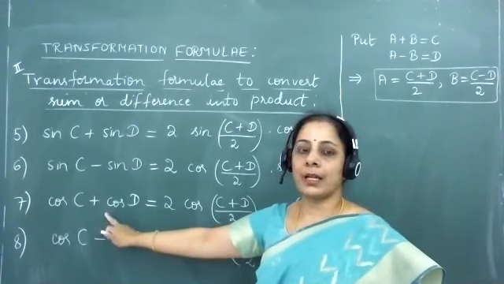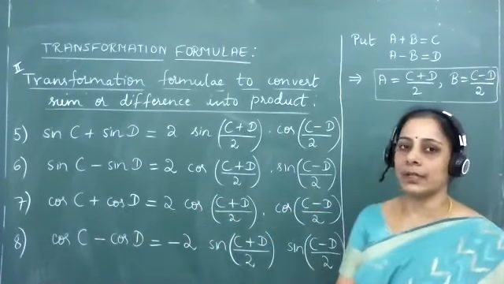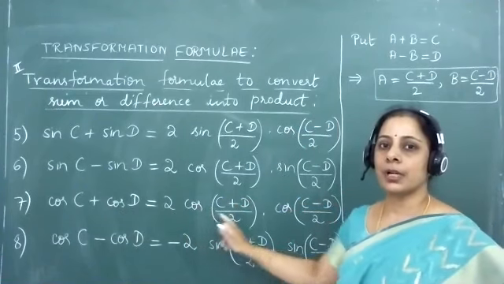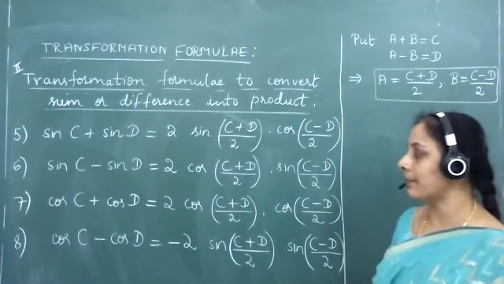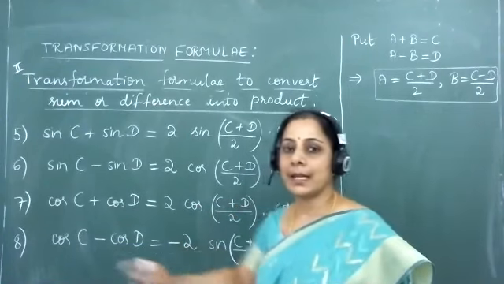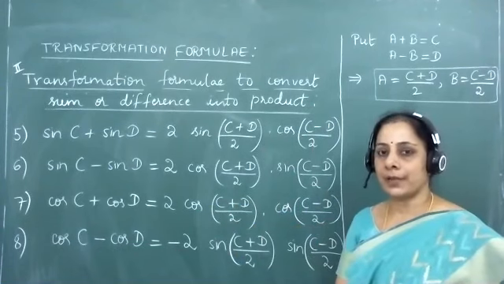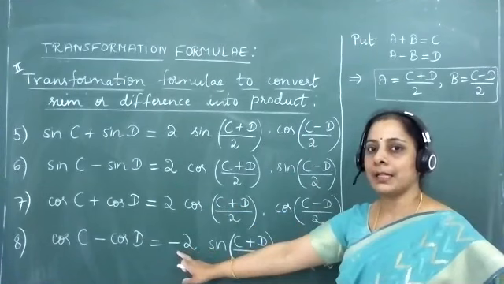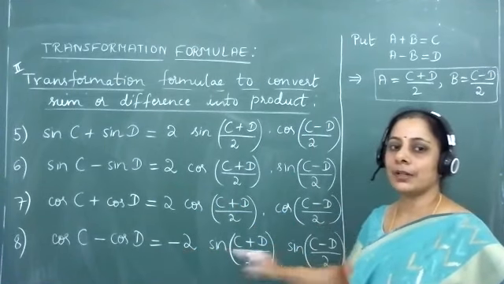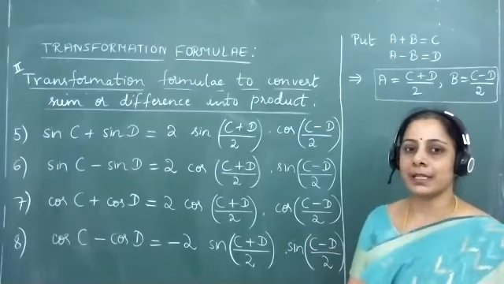The seventh one, cos C plus cos D, sum again is getting converted into product: 2 cos C plus D by 2 into cos C minus D by 2. Finally, the eighth one, the difference cos C minus cos D, we have as minus 2 into sin of C plus D by 2 into sin of C minus D by 2.